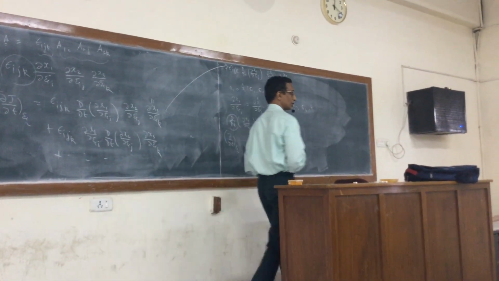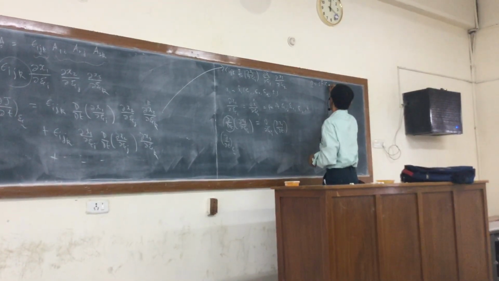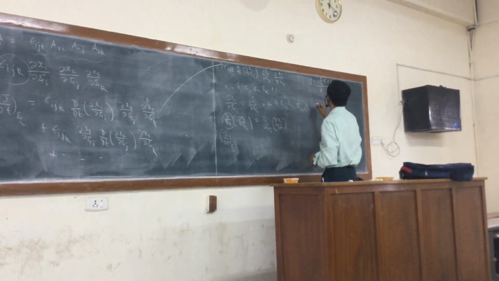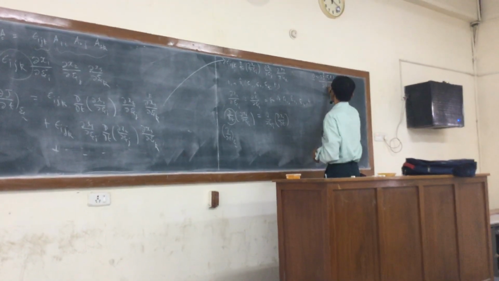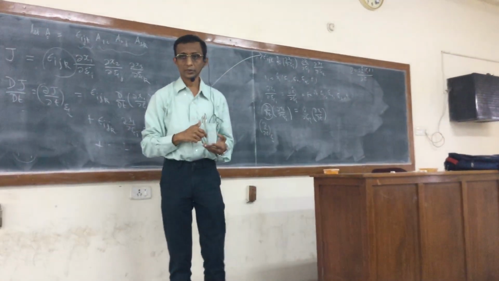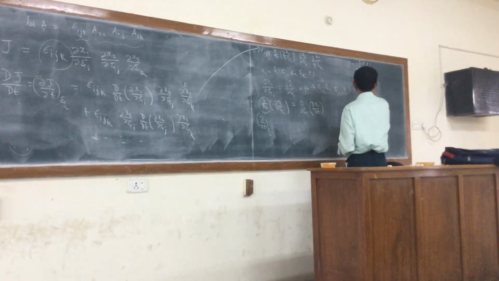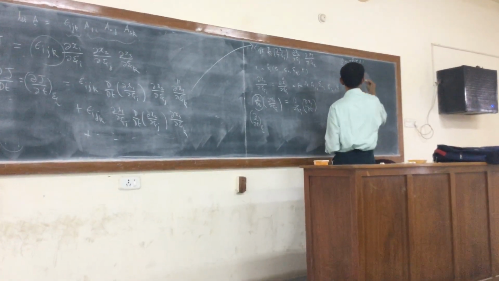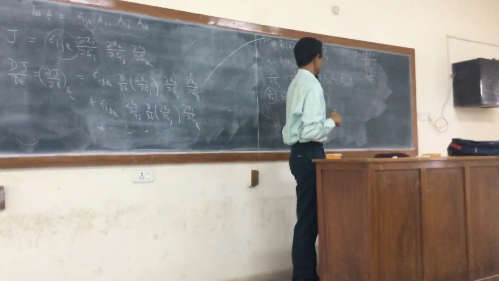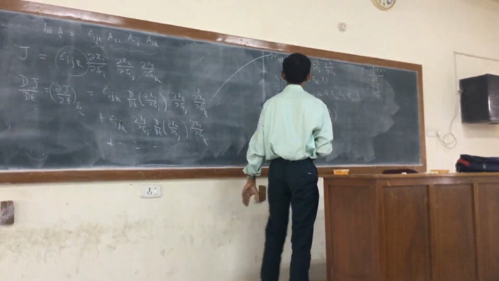Velocity by definition can be written in our notation as dx by dt, so dx1 by dt is simply the first component of the velocity.